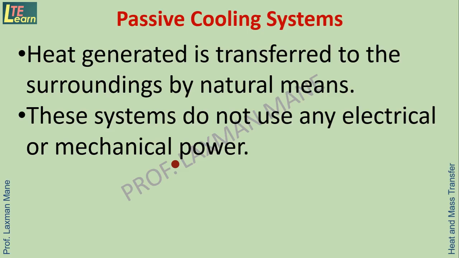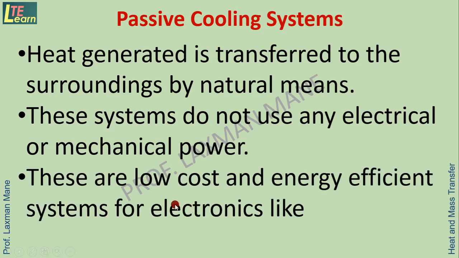Small electrical fans may be used, but large power electrical or mechanical components are not used in passive cooling systems. That's why these are low cost and energy efficient systems.